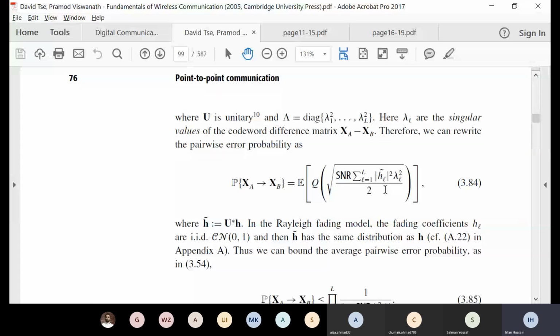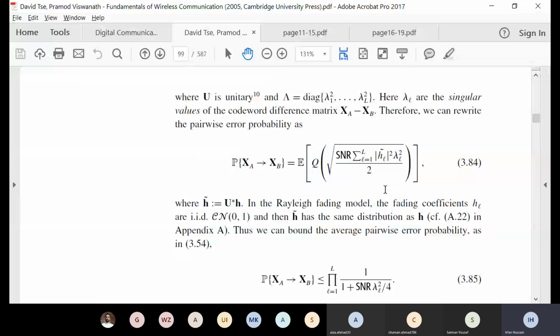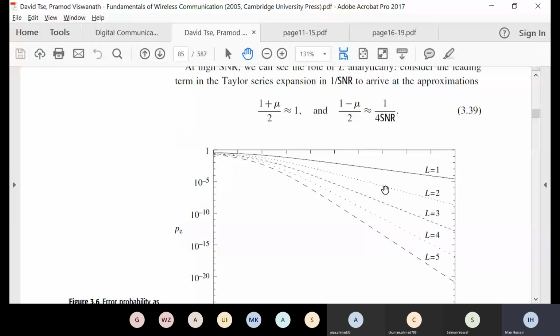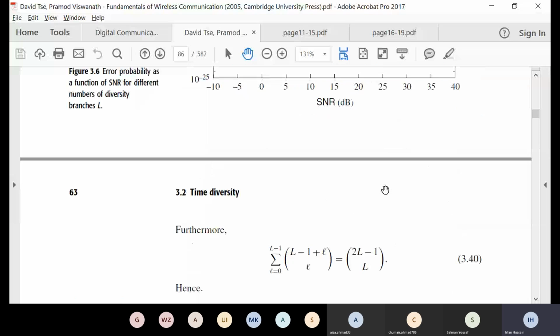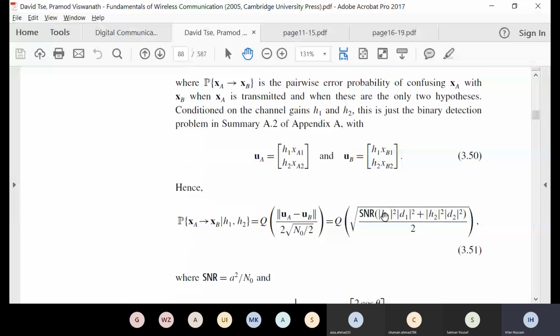We have seen, when we were doing the mathematics for rotational codes where H1 and |H1|² were Rayleigh, that you could very well write your error to be less than SNR times whatever the term is here, and then you can approximate for Rayleigh as 1 over SNR d1 square over 4.